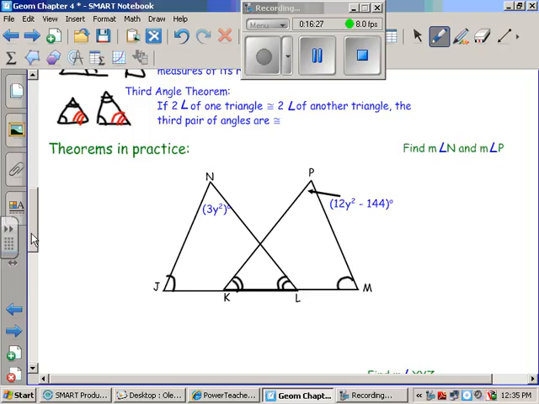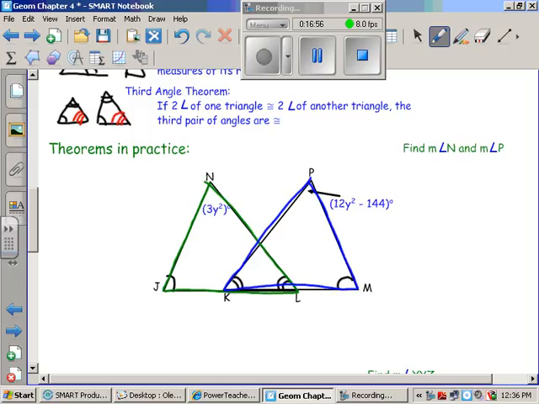Like the first triangle is NJL here, and the second one is PKM. Okay, you see those two triangles? They're kind of overlapping, but you can see them. All right, so which of my theorems that I just learned would help me figure out what y is equal to?